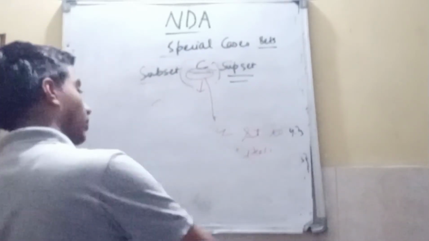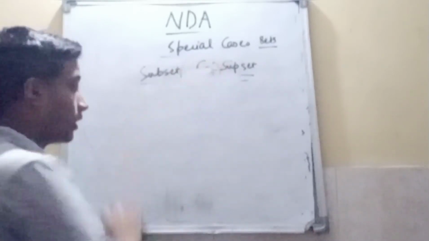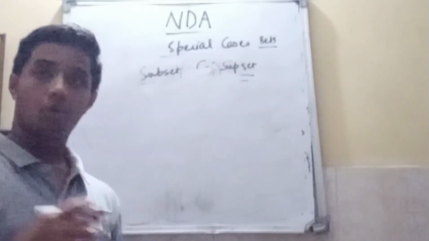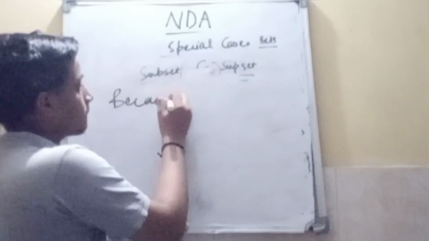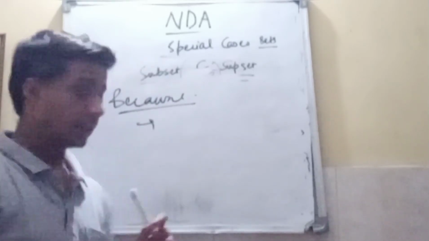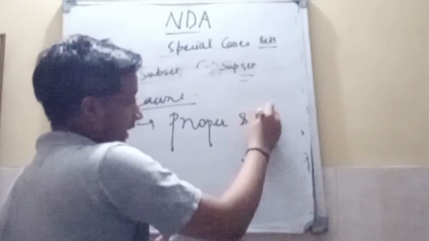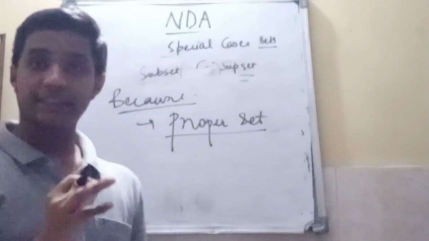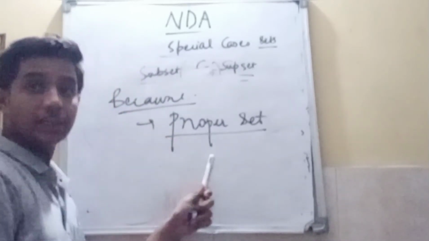You would be thinking there are some places in which we don't write the equal to symbol. Why? Because in some questions the proper subset is asked. A proper subset is a subset in which the set itself is not counted.